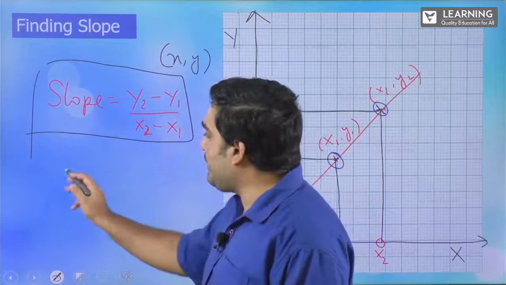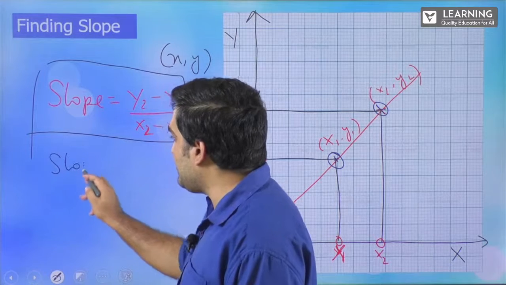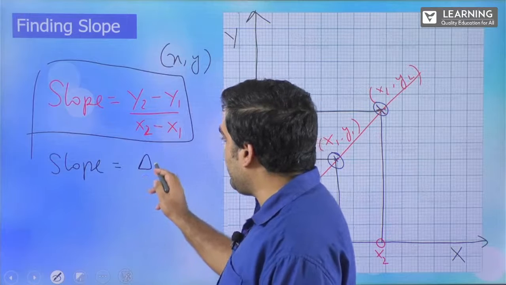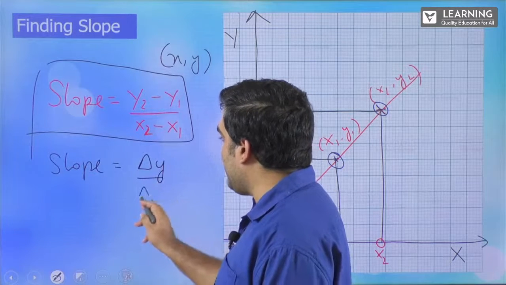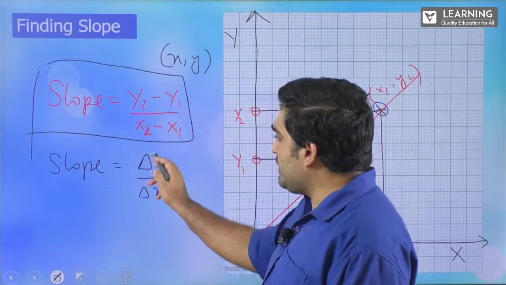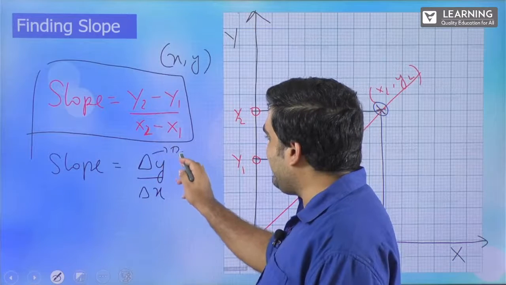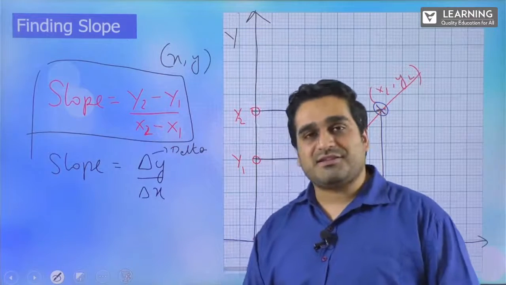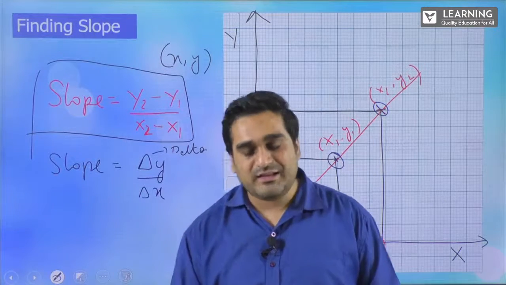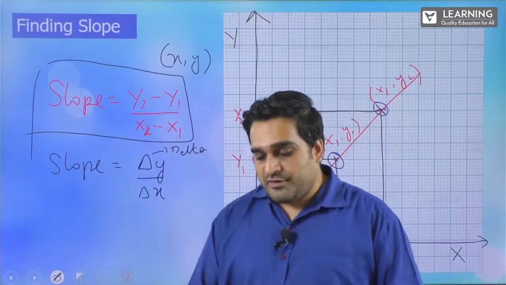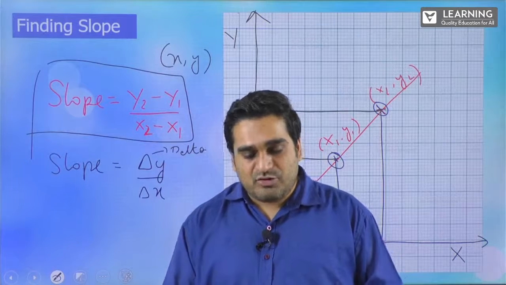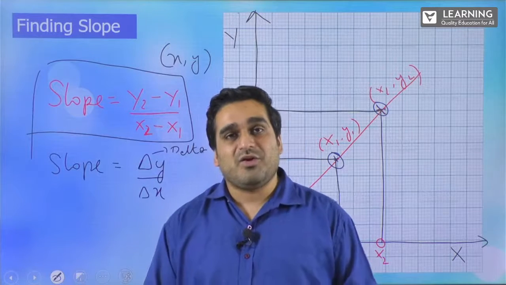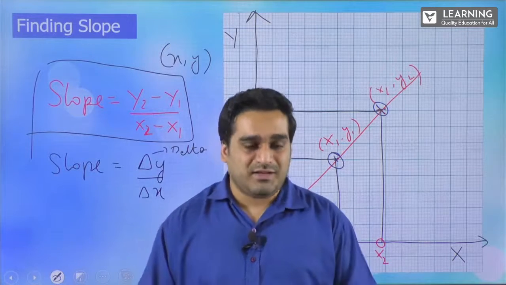Since we're dealing with difference in the y-axis and difference in the x-axis, slope can be easily written as delta y by delta x. This is a symbol that's called delta. It's a Greek letter. Especially in mathematics and physics, we commonly use Greek letters, because most of the contribution to mathematics and physics, understanding the whole nature itself, the reality, was provided to us by the Greeks.